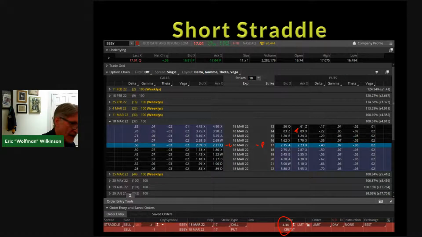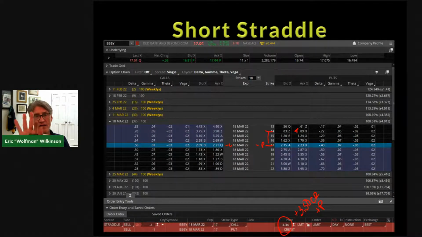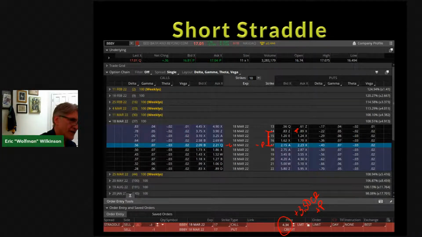Well, if I'm getting like a $3.50 credit after buying the put, think about that. That's only $3 wide, and I've collected $3.50. So that means no matter what, that collection pays off this short put loss, right? Because it's only $3 wide.